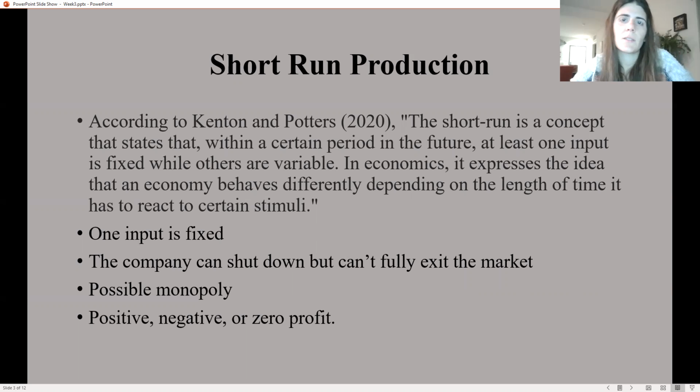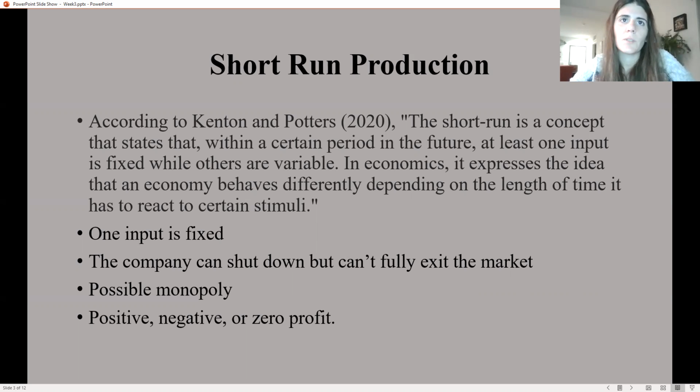Most of the time, it would be related to physical structure, for example, the lease of the building. In a short run analysis, the company can shut down, but it cannot fully exit the market because it still has some commitments in place, such as the lease contract.